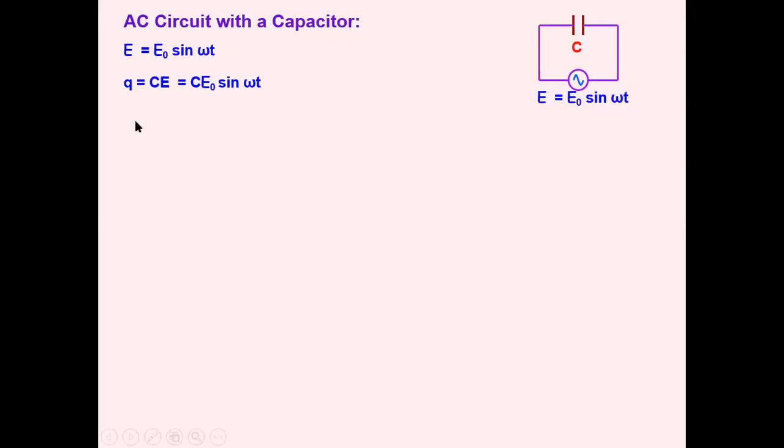So E equal to Q by C, so Q equal to C into E, where C is capacitance and E is the instantaneous EMF. So here Q equal to C E naught sin omega t.